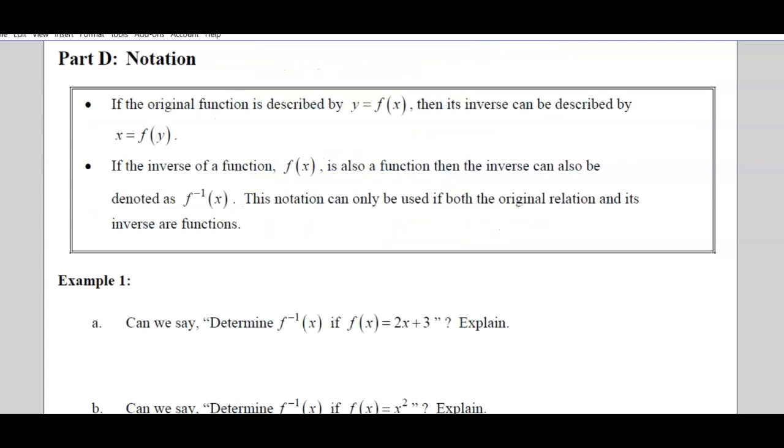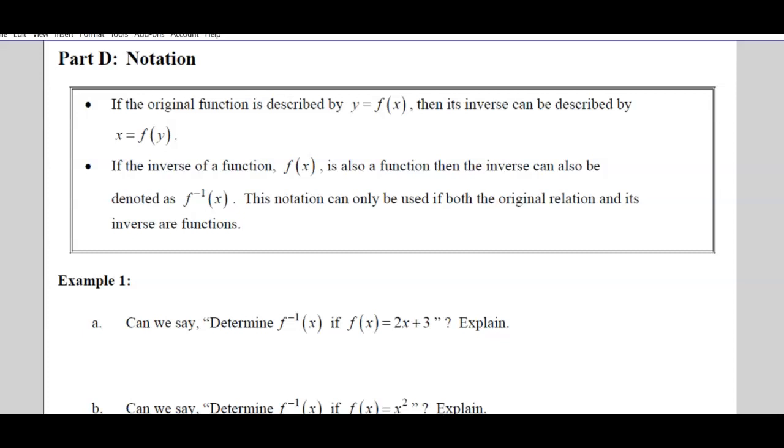Okay, so then notation. If we're using function notation, y equals f of x, the inverse can be described obviously as x equals f of y, and interchange them, right? If the inverse is also a function, then we can use this inverse function notation.